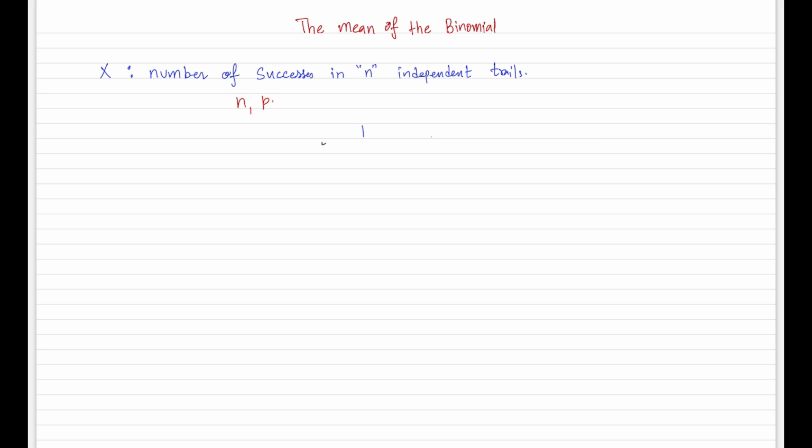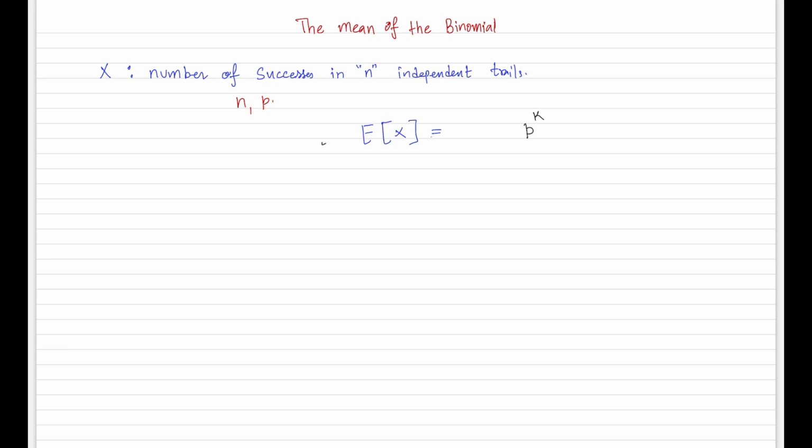So as usual, we can use the definition of expected value. If you know the PMF of this binomial random variable, we might get success k times out of n trials, and the probability of getting a success is small p.